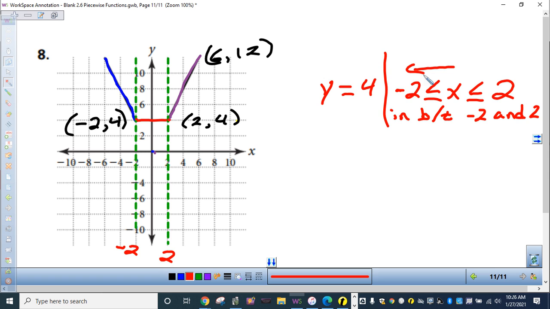So this is written like a compound inequality. I could write it separated out. But I just wrote it together because this says x is greater than -2, and this says x is less than +2.